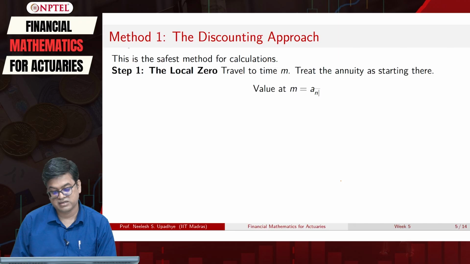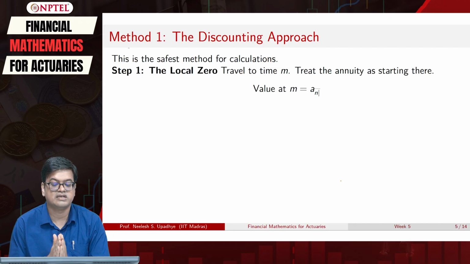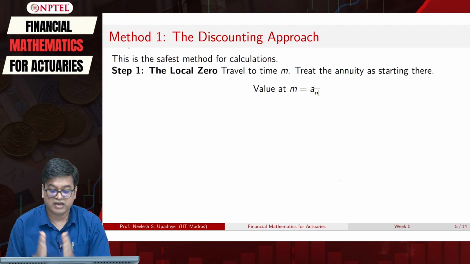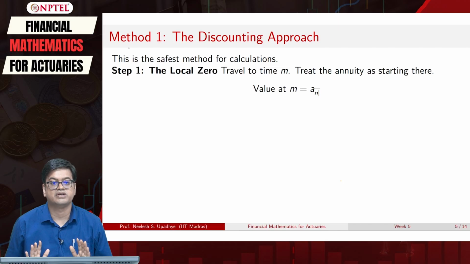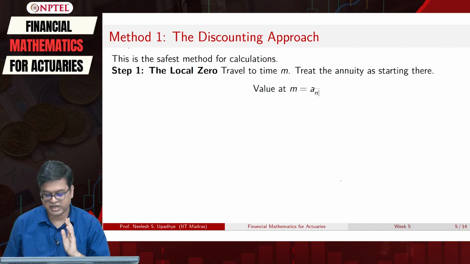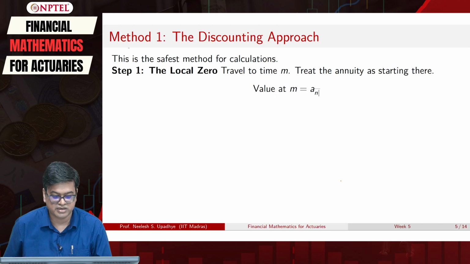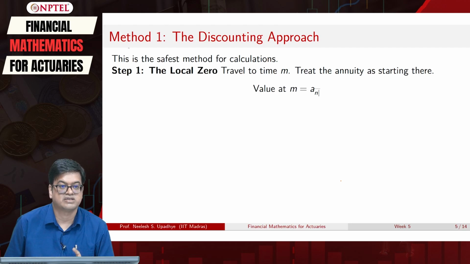Then you calculate the present value at time m, and for that I know all the calculations because I know how to compute annuities. So I have a angle n, which is the annuity at the nth time period. The problem is I waited for these m time periods.